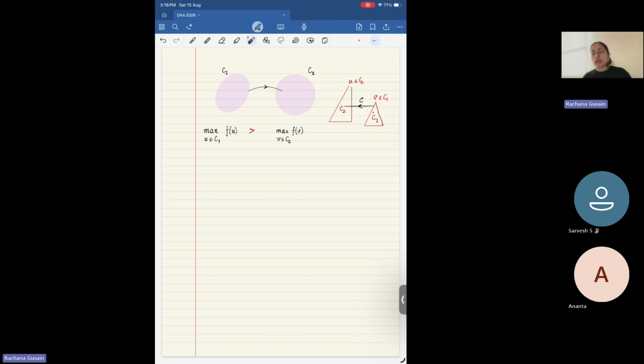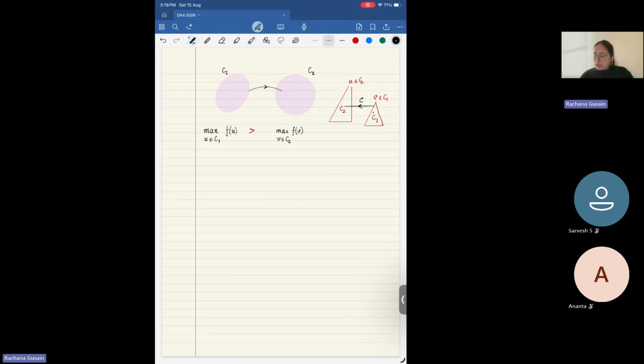Both of these are strongly connected components, meaning that in C1, if I take any pair of vertices, they are connected by paths in both directions. And C2 is also a strongly connected component. Now, there can be one or more edges going from C1 to C2 or C2 to C1. So let's say all the edges are pointing in this direction. All of them I'm going to denote by a single edge.